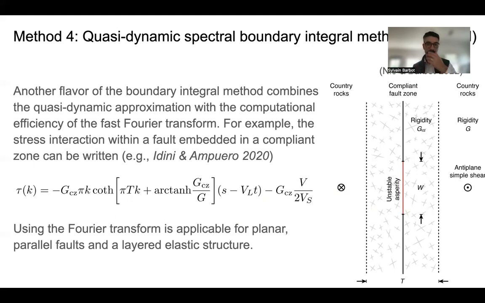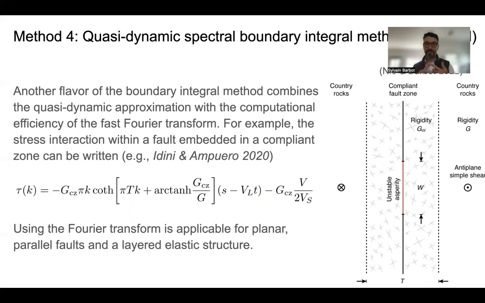An example here is for a fault embedded in a compliant fault zone in a two-dimensional space, for which the relationship between slip and stress can be found in closed form that involves the rigidity of the compliant zone, the rigidity of the surrounding rocks, and the thickness of the compliant zone.